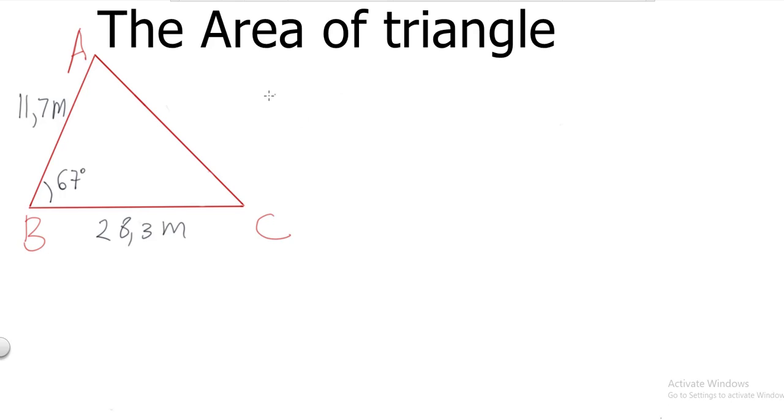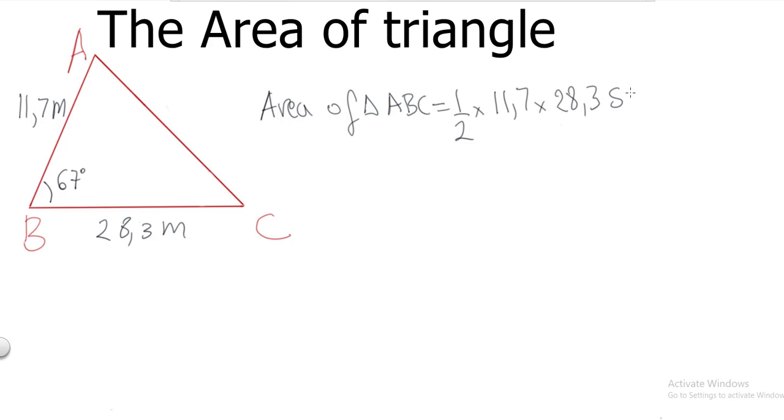So we just say the area of a triangle ABC equals 1 over 2 multiplied by 11.7 multiplied by 28.3, then sine of 67 degrees.